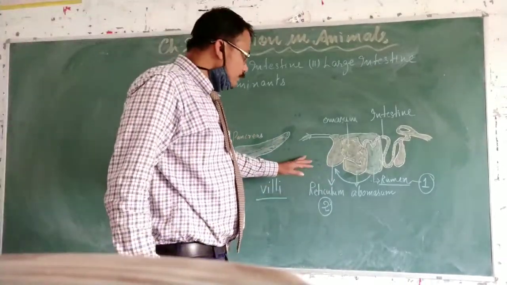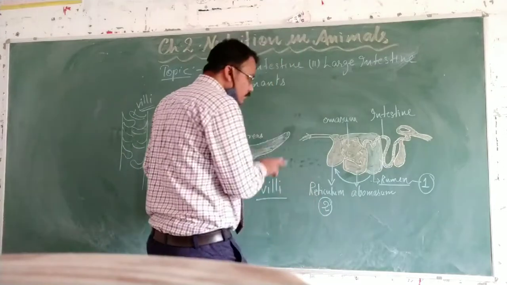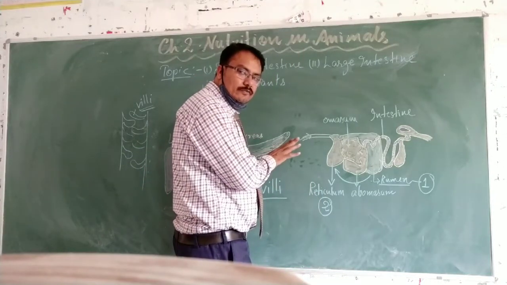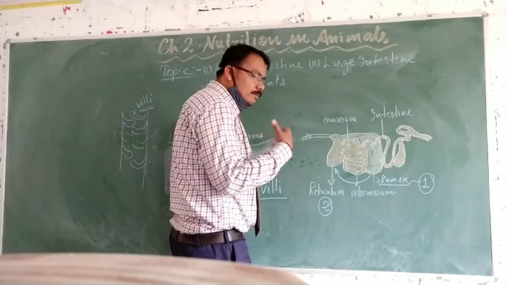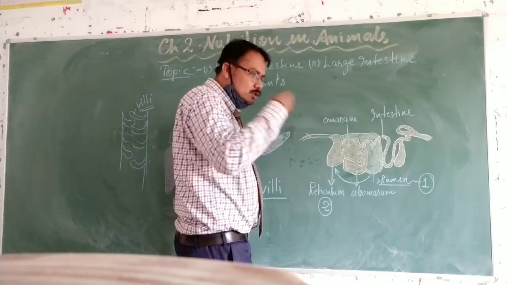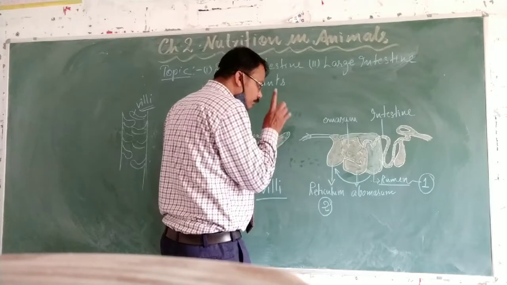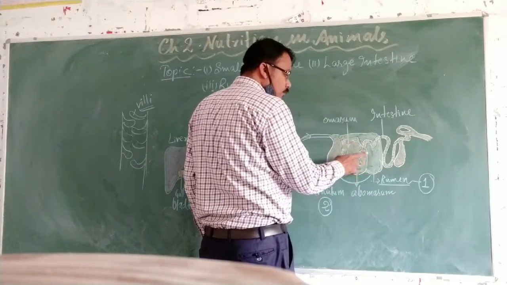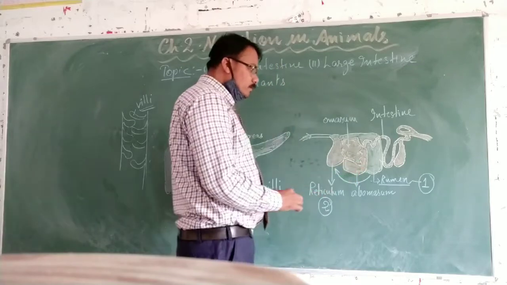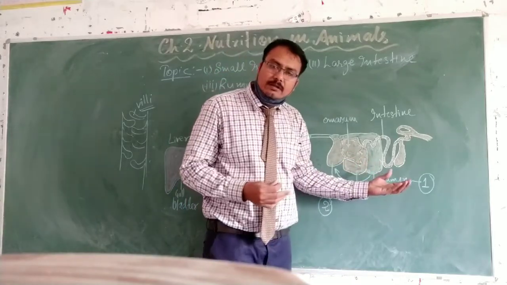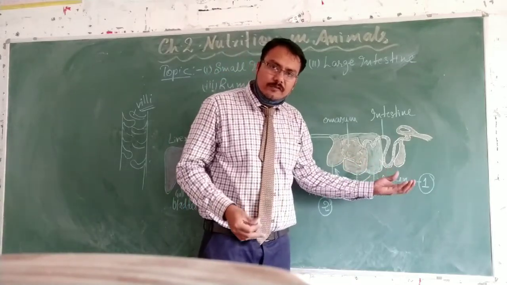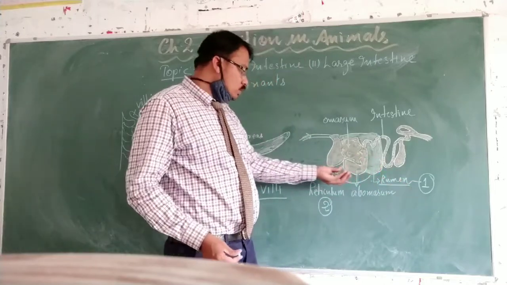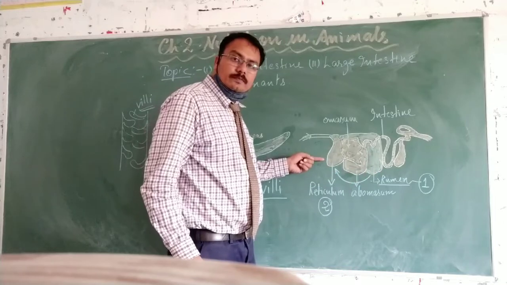So the first time, they chew the food only partly, not fully, they just swallow it in a hurry, very fast. The first time the food gets stored in the rumen. From the rumen, when they are going to chew the swallowed food again, they first transfer the food from the rumen into the reticulum.